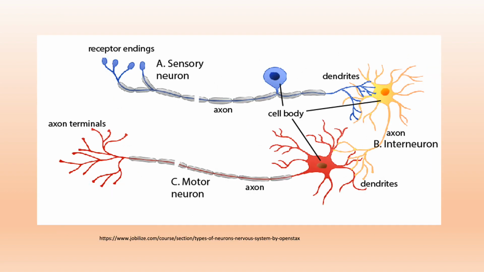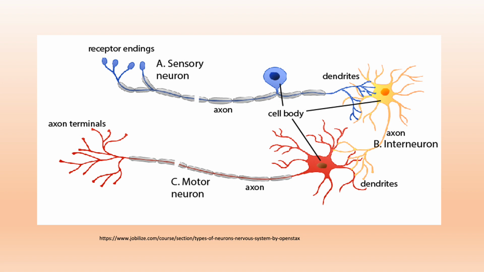When we look at functions, they can be either sensory, interneuron, or motor neuron. Sensory neurons get information about what's going on inside and outside of the body and bring that information into the central nervous system so it can be processed.